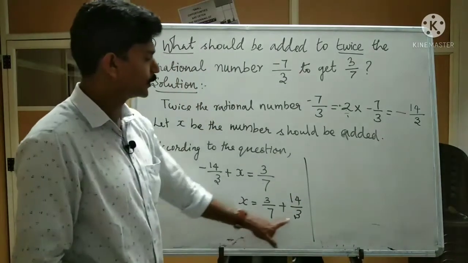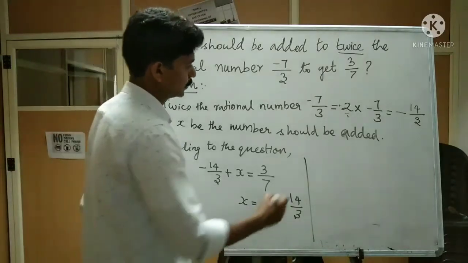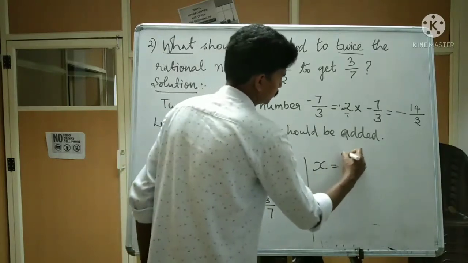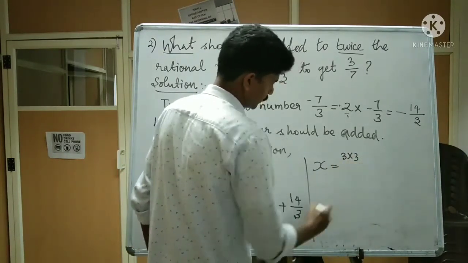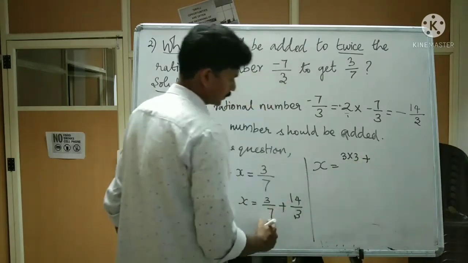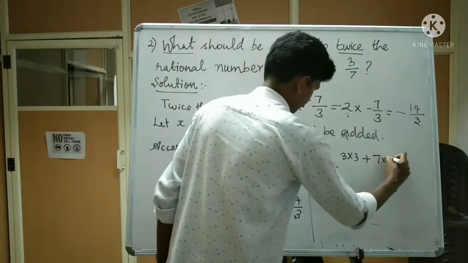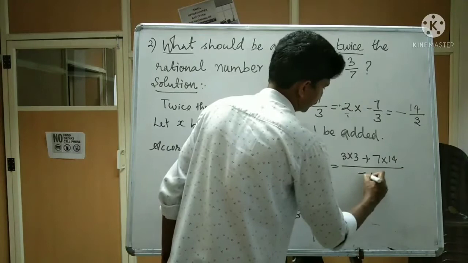So now the denominators are different. So now we can use the cross multiplication method. So x is equal to, here we multiply 3 × 3 plus 7 × 14, divided by 7 × 3.